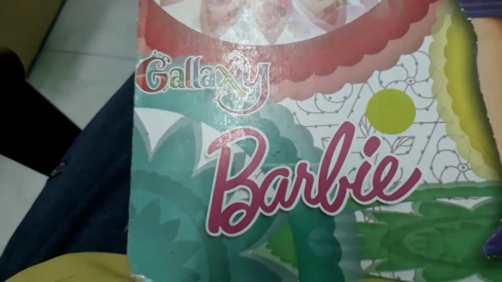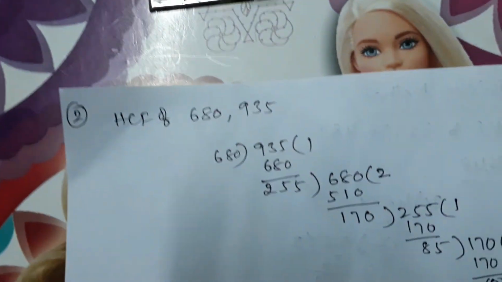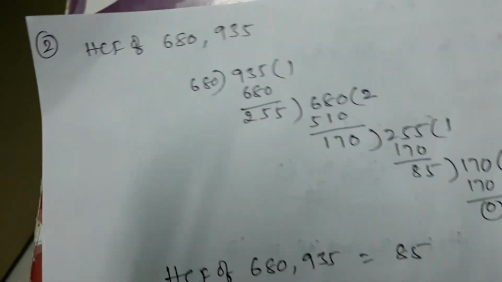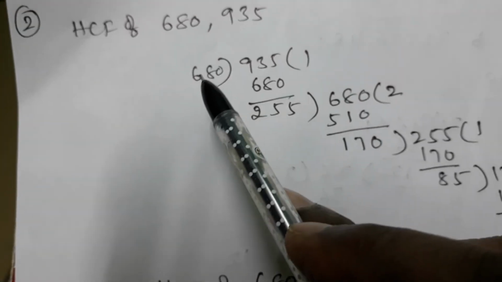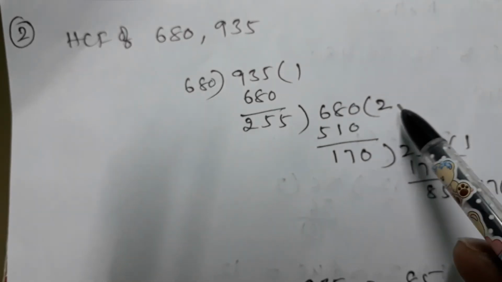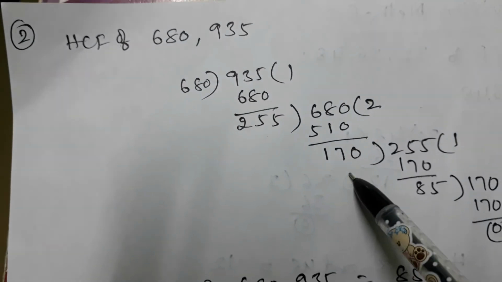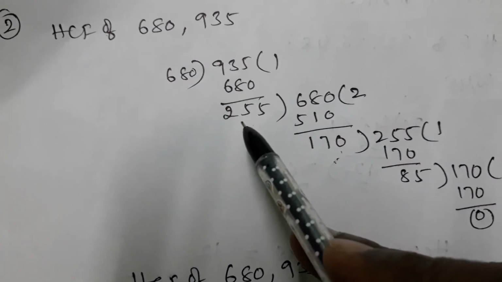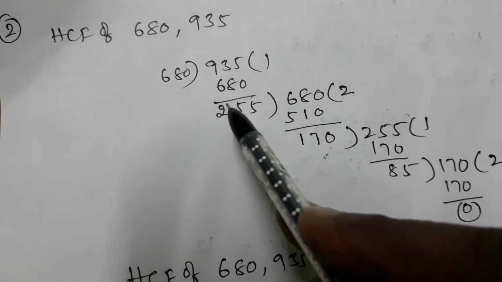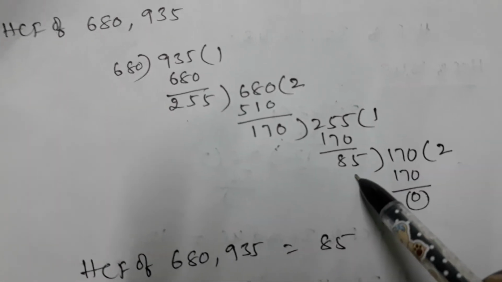Now one more example: the HCF of 680 and 935. See how to do it. Take 935 and divide by 680. One time is possible, and you get a remainder. With this remainder, divide the previous divisor. You get 2 times 510, then a remainder again. Divide the previous divisor by this remainder again, and again you get a remainder.